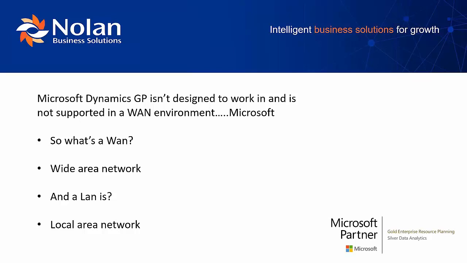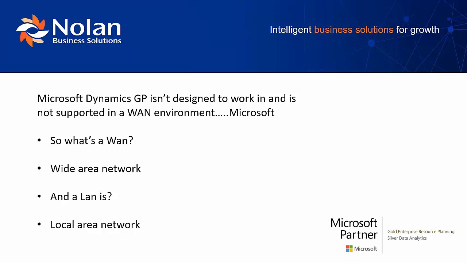When you take a machine from outside that network, or even a machine that was part of that network, take it remotely away from that network location and then connect to that network via a VPN or something like that over the internet, that's no longer part of the LAN, that's now part of the WAN, the wider area network. And that's the situation that GP doesn't work in.